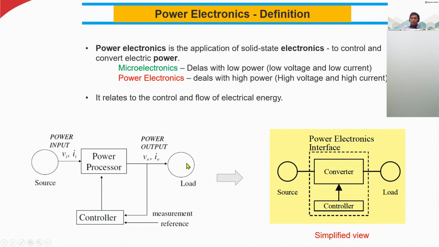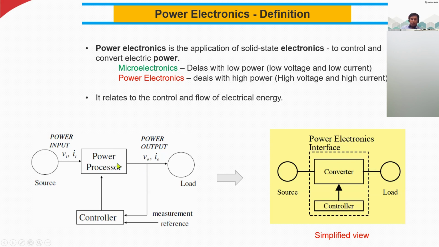Your laptop, for example, is also a load. A mobile phone is also a load. So we have the power supply. We can put this context in any kind of application. This power processor is controlling the flow of electrical energy. So you can vary the current, the voltage, and the frequency at the output.